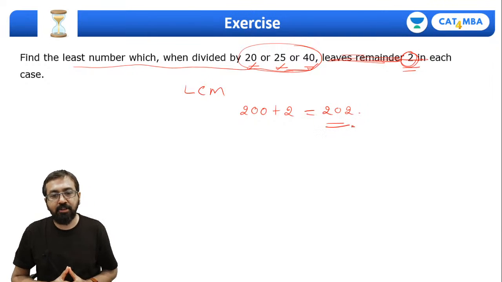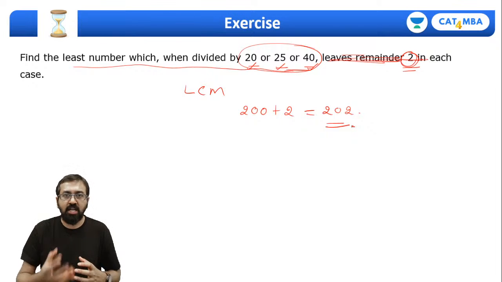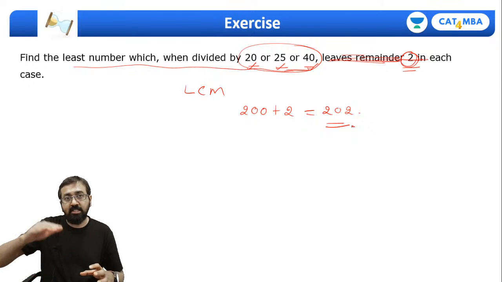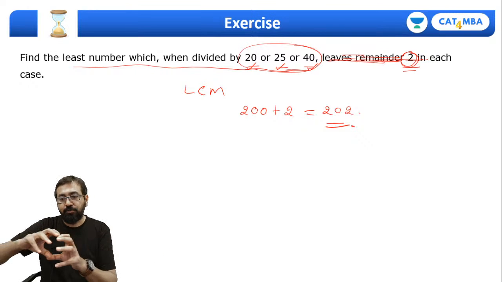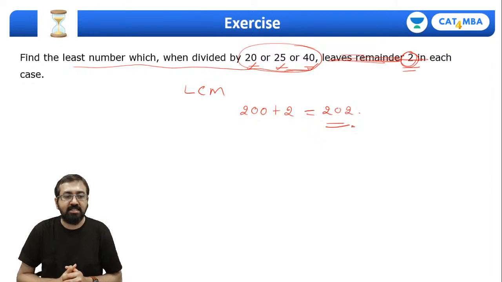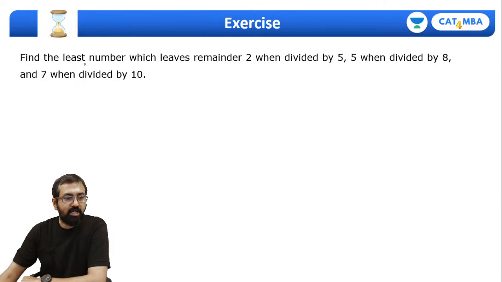Everyone, have you understood this? You can do such questions, right? Whenever you are asked to find a number which when it is divided by this leaves this remainder, first of all find out the LCM and then add that remainder to the LCM. Correct? Yeah, superb.